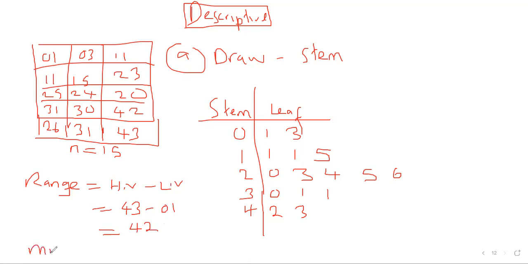Then what becomes our mid-range? Mid-range is half of the range. So what is half of 42? 21. All right. Then anyone who wants to give us any measures of central tendency or dispersion? What is our mode? Who can tell us what the mode stands for?